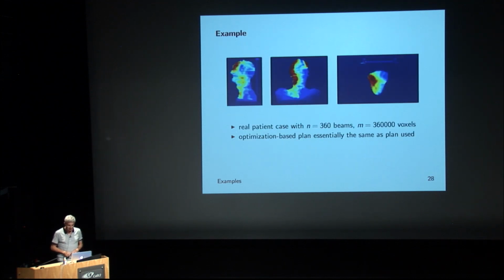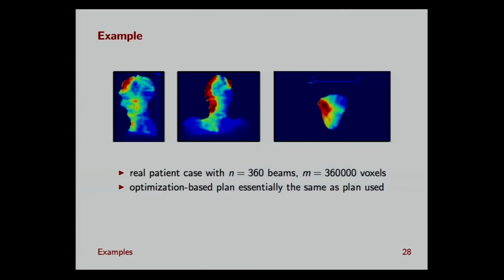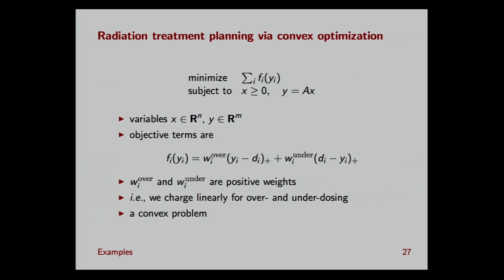So here's an example. This is a real one. Actually, I think it's someone from San Diego. It's a case with 360 beams and 360,000 voxels. It's actually a relatively small problem. And I think you couldn't visually see the difference between the actual plan that was used and the one found by solving this problem.